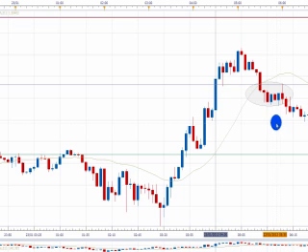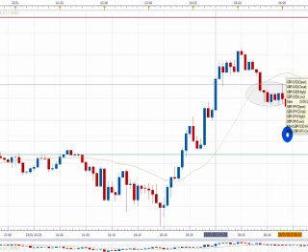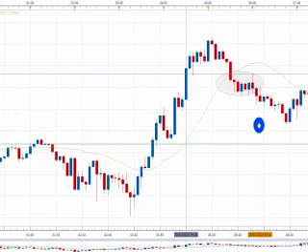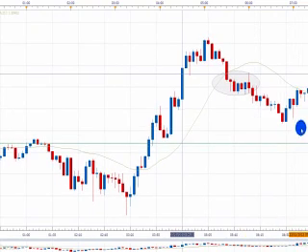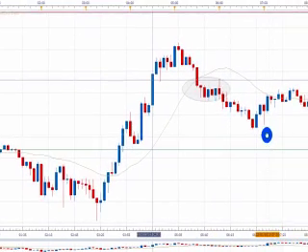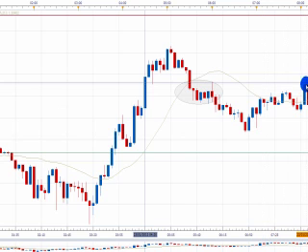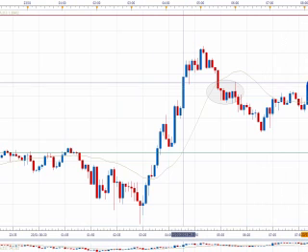Now, depending on whether you are active or passive about this, let's see what happens. The market fails to achieve target number two, and for the active folks, they would be stopped out at break even. That means that at about 8:15, they would be out of the market.